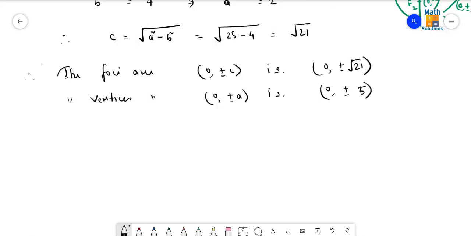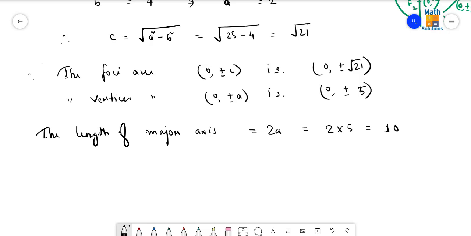Length of major axis. The length of major axis is equal to twice a. So we can write value of a was 5, so it is 10.